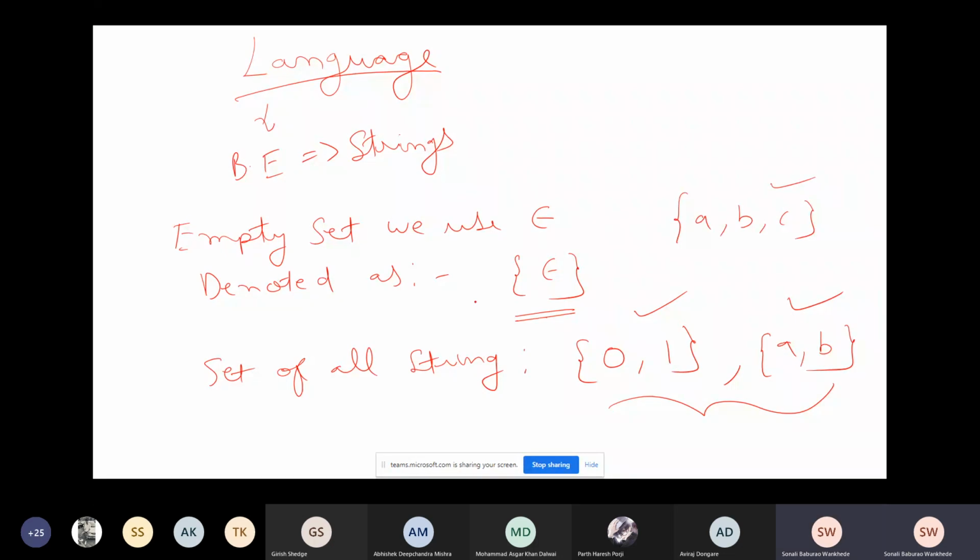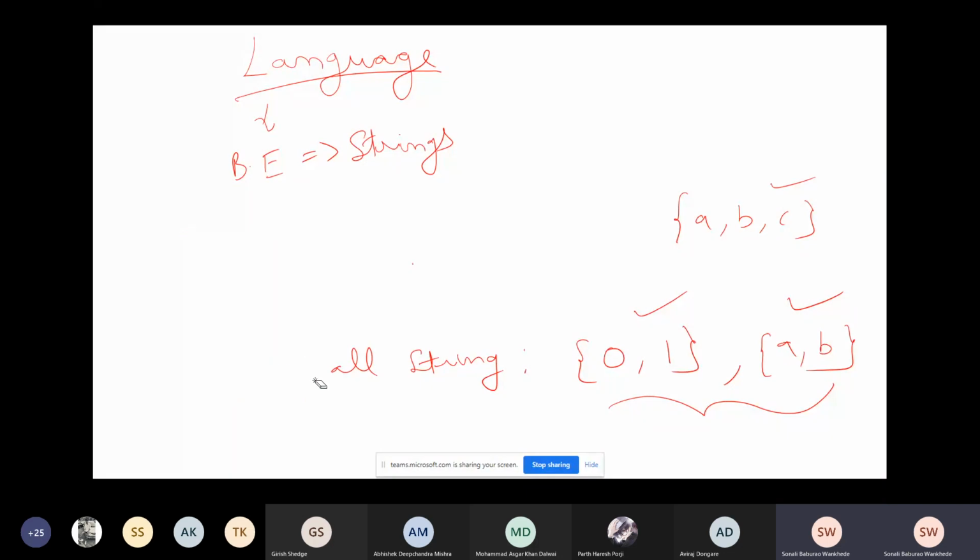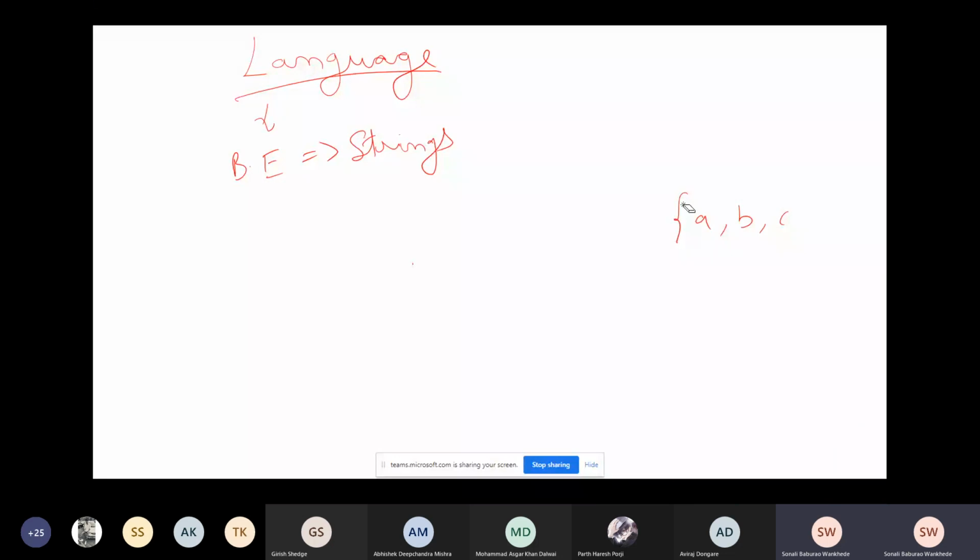The next point to remember is that the set of all strings over some alphabet sigma with an even number of A's can be given as, how do we give that? Suppose this is a question which comes in the exam. You have to imagine and think in your mind how that can be represented.